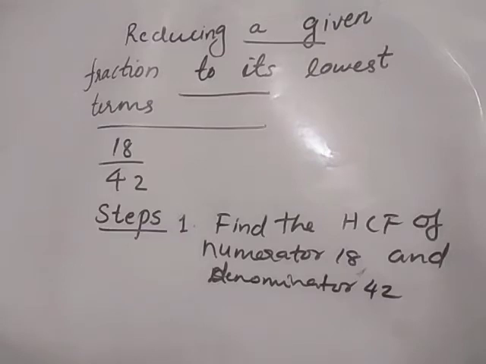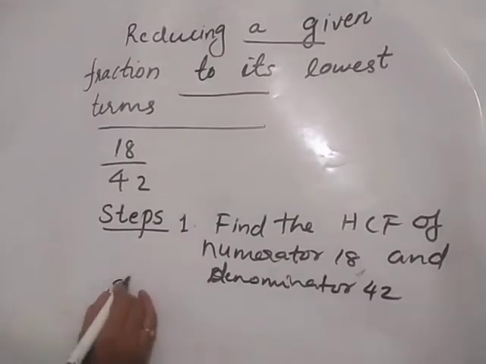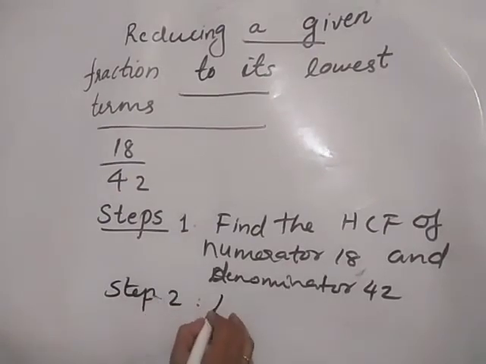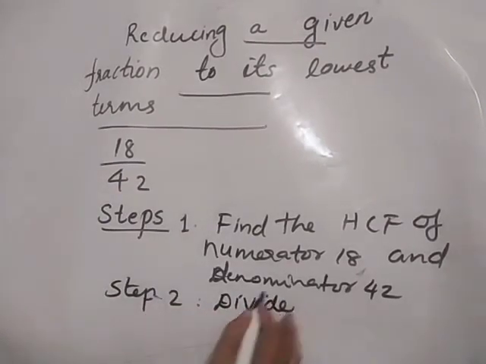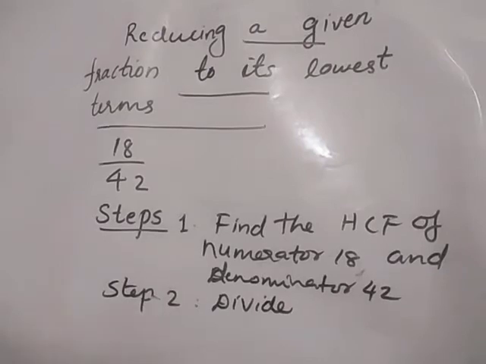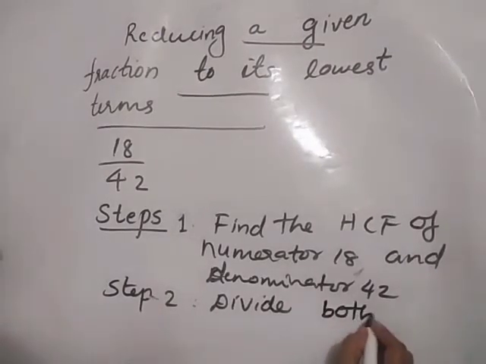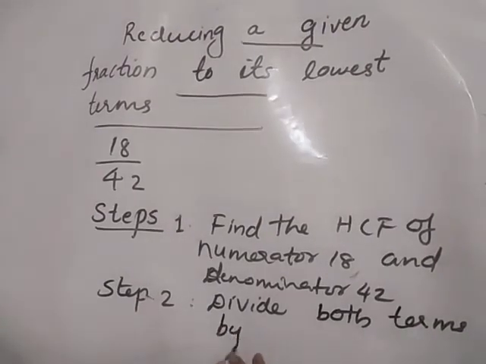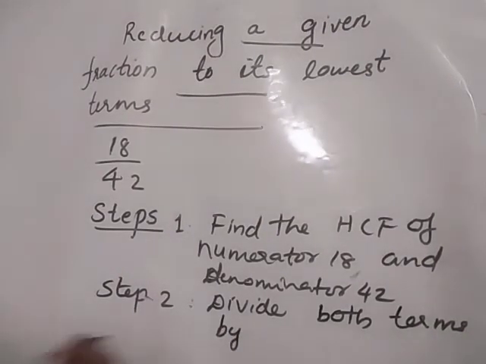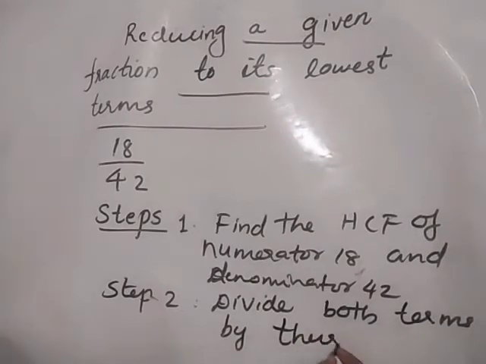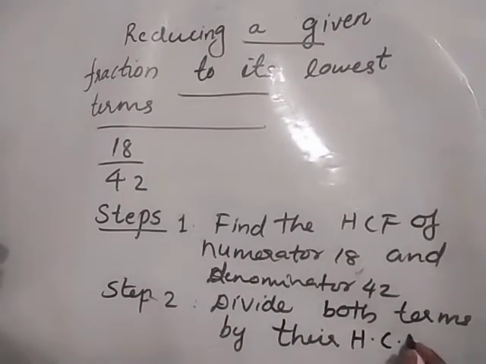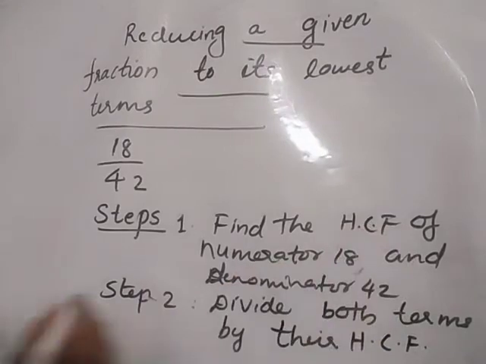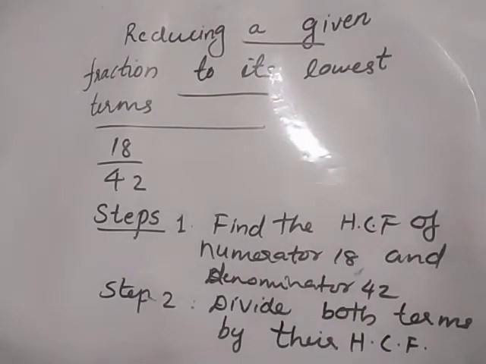And the second step is to divide both terms, that is both numerator and denominator, by the HCF. So these are the two steps to follow to obtain a fraction in its lowest terms.